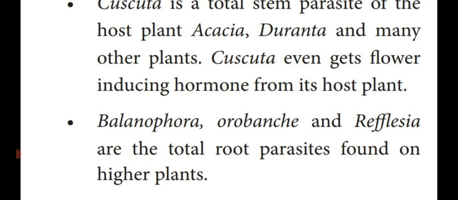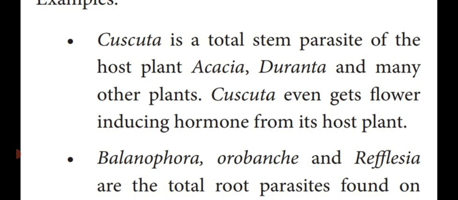So dear students, from these two points, they will ask two important 2-mark questions. Give some examples of stem parasites. Stem parasites means Cuscuta and Viscum. If they ask, dash is the partial stem parasite, it means Viscum.